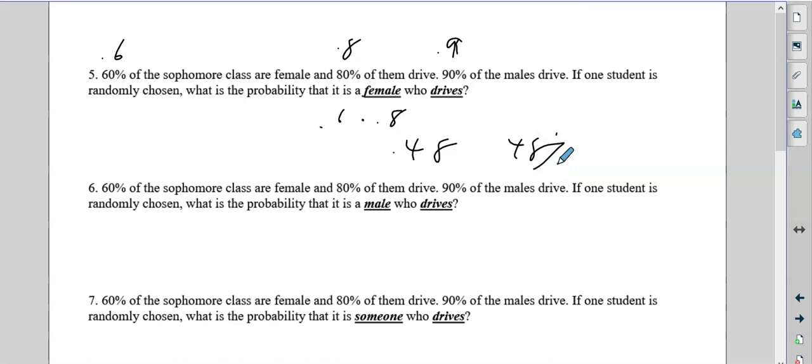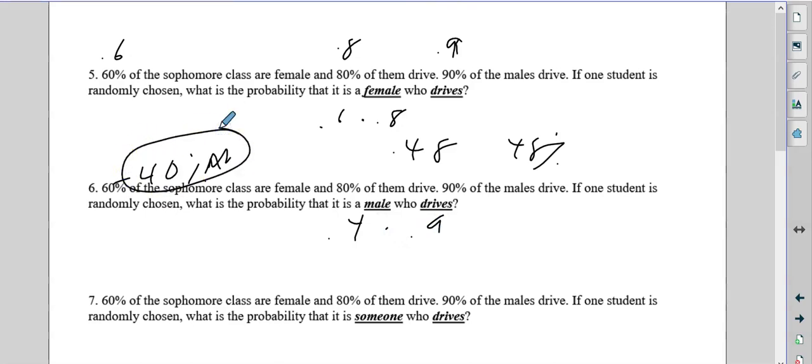Now 60% of the sophomore class are female. We already know that. If one student is randomly chosen, what's the probability it is a male? Well, we got to go back here. That means 40% is male. So in this case, we're going to take 0.4 times 0.9. Same as the previous problem, except we didn't have this piece of information.